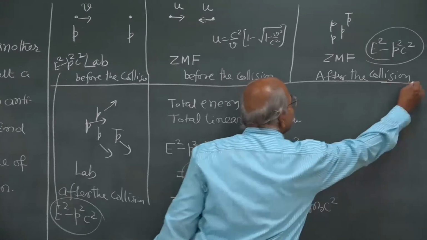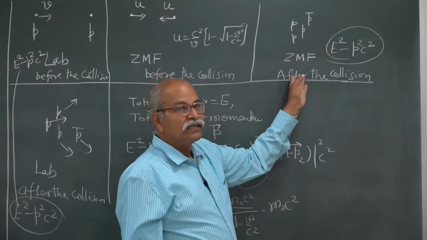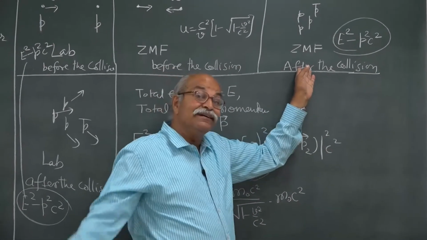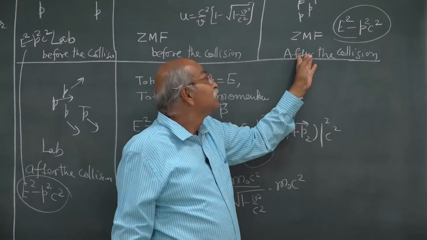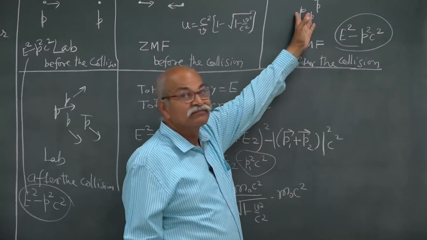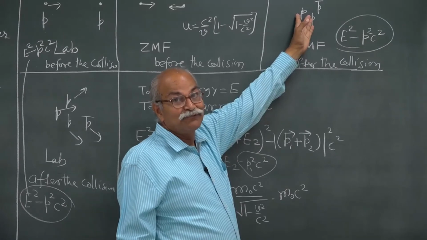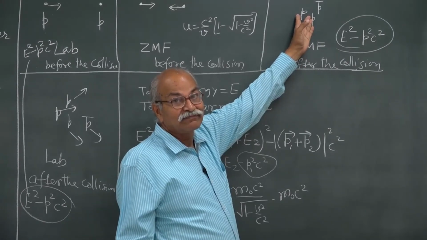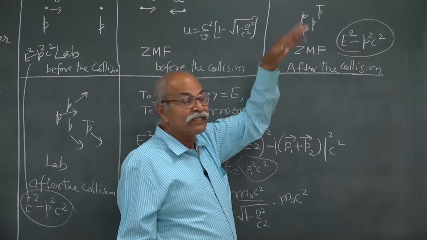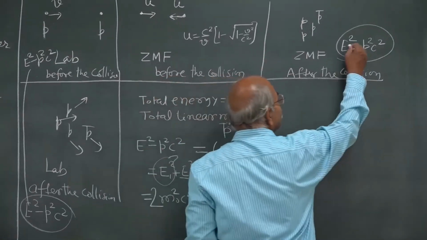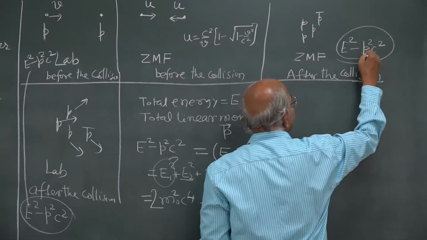And if I look at this after the collision in the zero momentum frame, they are all at rest. So, the total energy is 4 times M0 C square, and hence the total energy square minus P square C square, this P is 0.